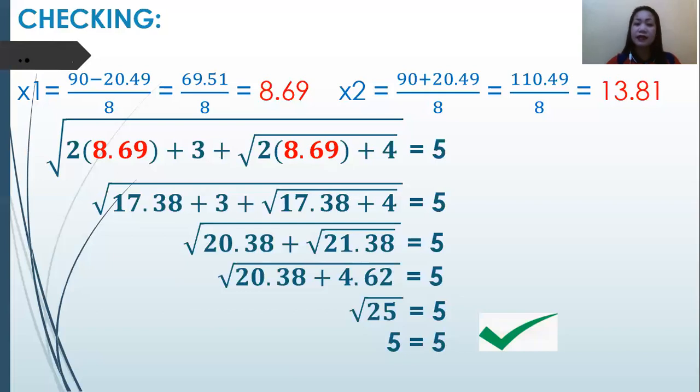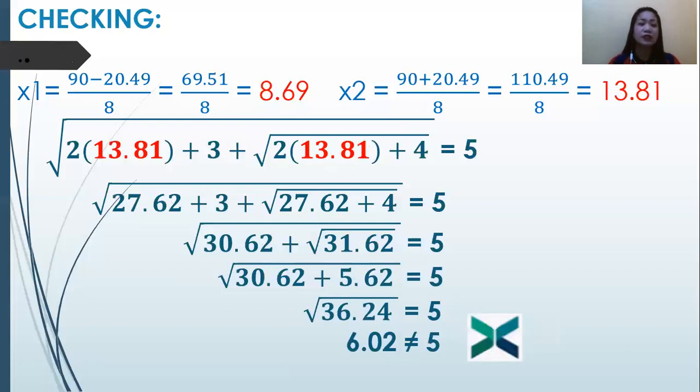So let us see the second value of x when we use the addition. It is equal to 13.81. When we substitute the value 13.81, look at the solution. We do the same process: we multiply, we add, we find the value of the square root.